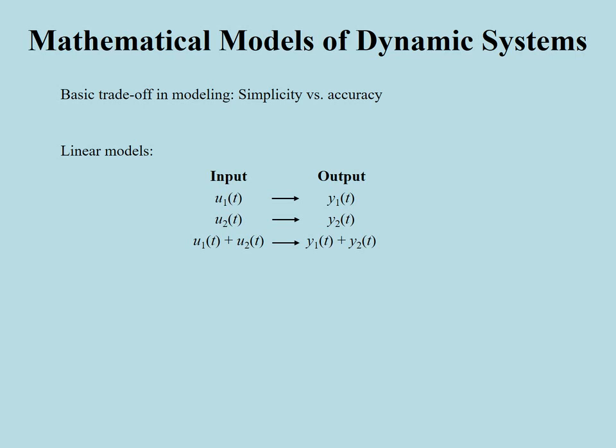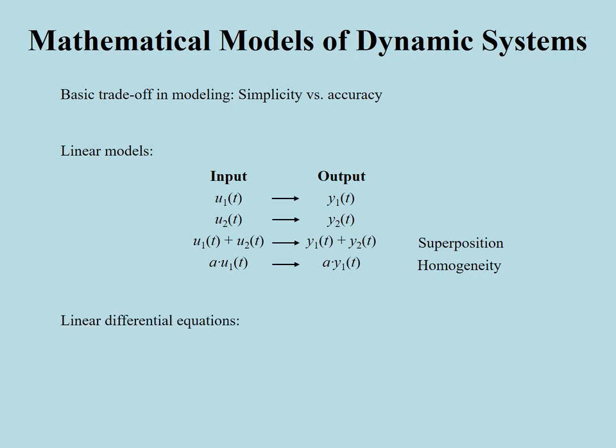This property of linear systems is known as the superposition property. Secondly, if you multiply the input to a linear system by a scalar, the output is also multiplied by the same scalar. That is, a times u1 will yield a times y1 as the output. This property is known as homogeneity.